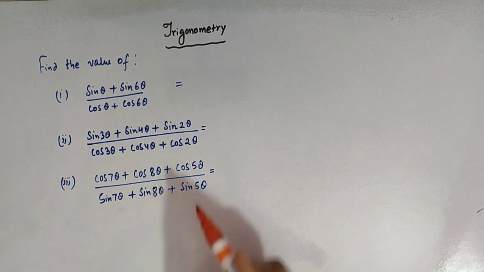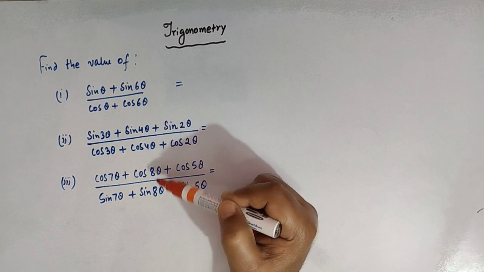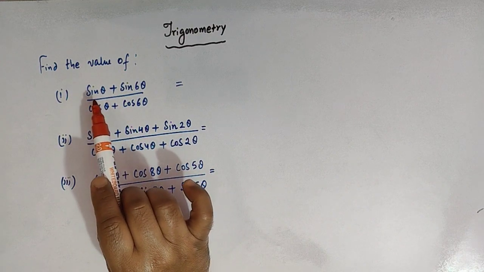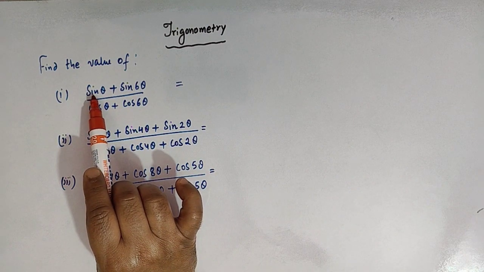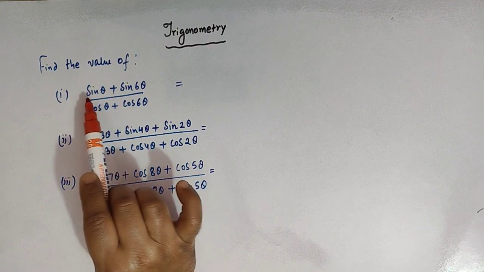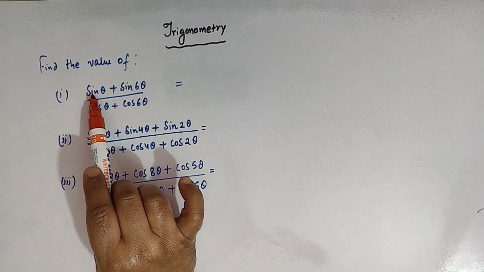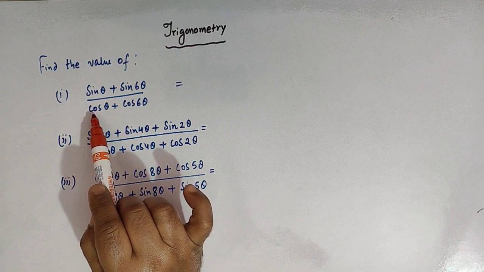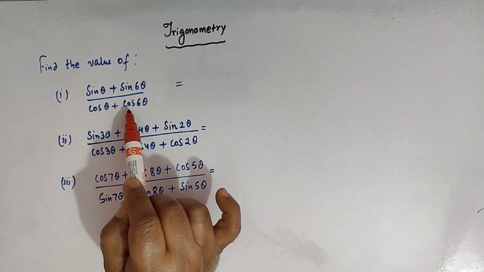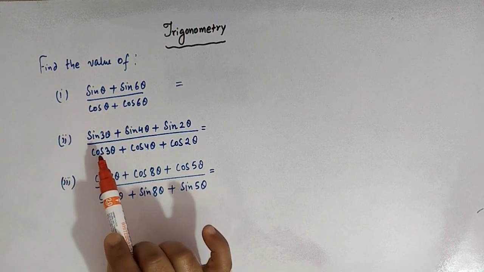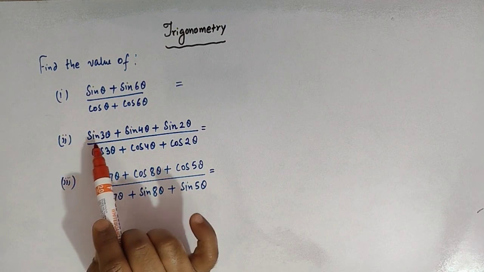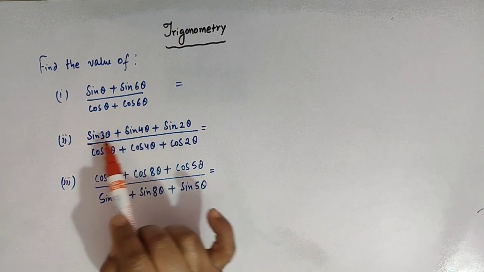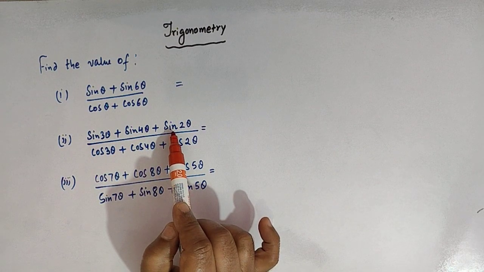So now if we closely look at these three expressions, the first thing we observe is that in the numerator we have two terms containing a sine, right? And in the denominator we have two terms containing the cosine function, right? Similarly, in the second one, we have three terms, and in each of these three terms we have the sine function, right?